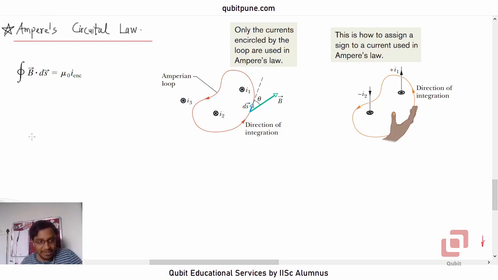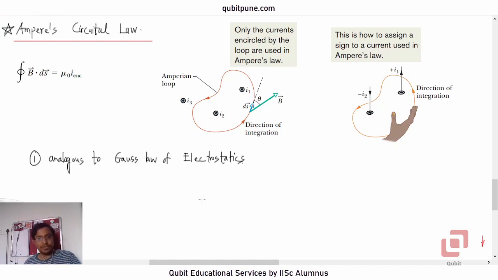So I'll mention it here: Ampere's circuital law is analogous to Gauss law of electrostatics, but there is a difference.